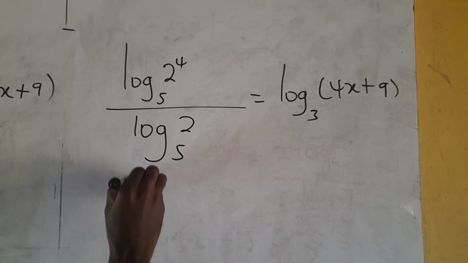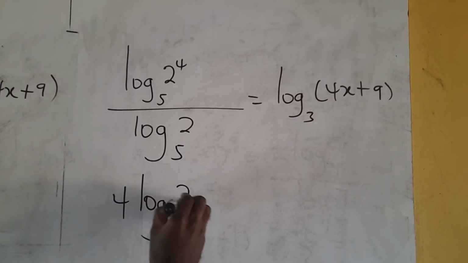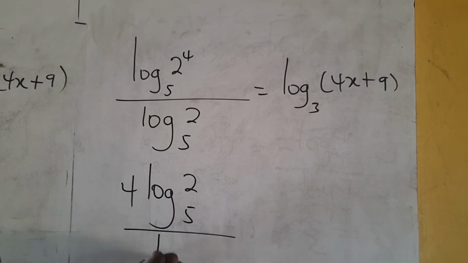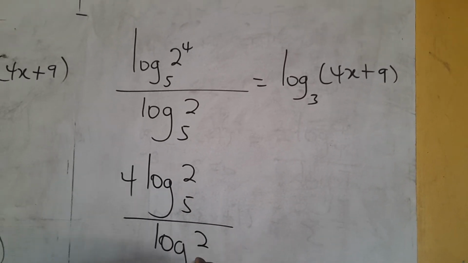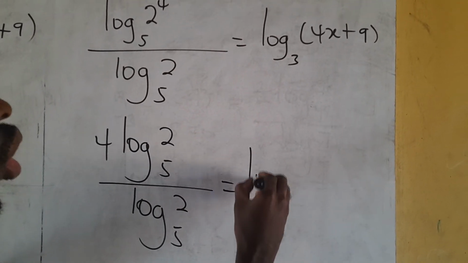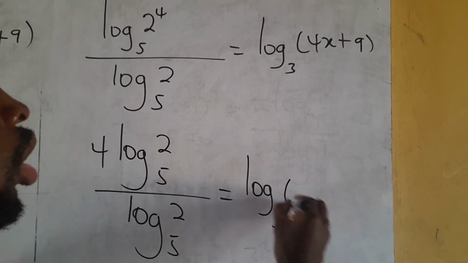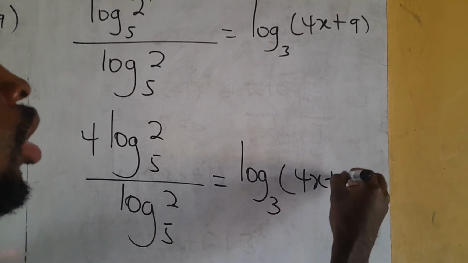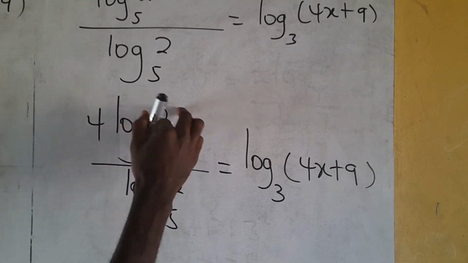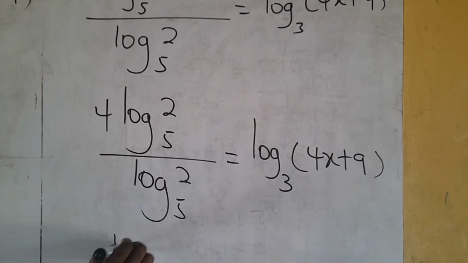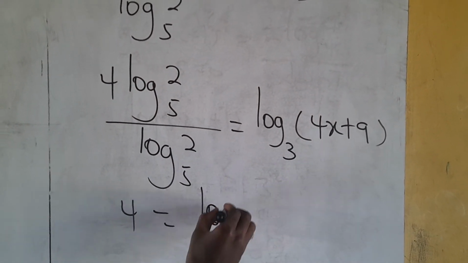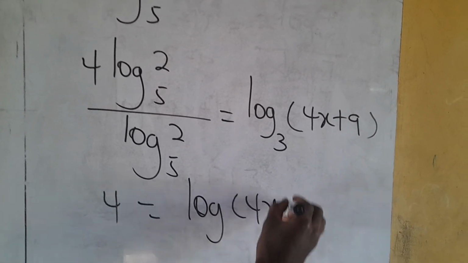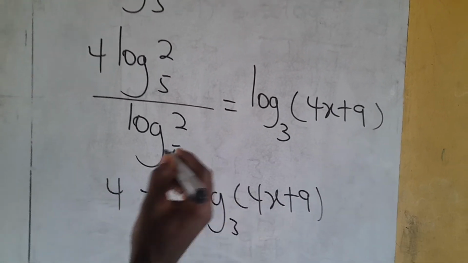So we have 4 log 2 base 5 divided by log 2 base 5 will be equal to log 4x plus 9 base 3. So log 2 base 5 can divide log 2 base 5. We have 4 equal to log 4x plus 9 base 3.